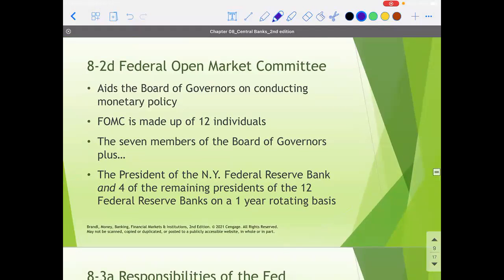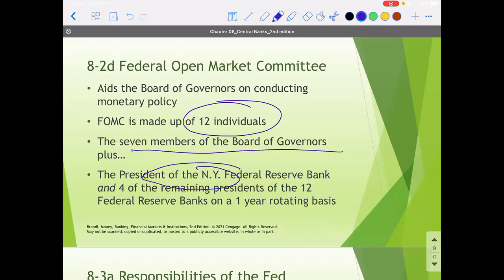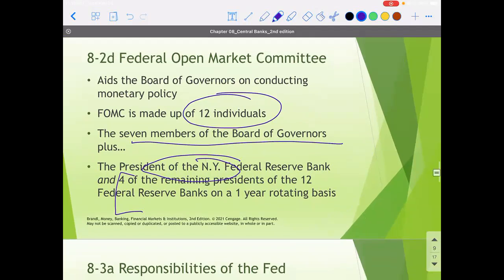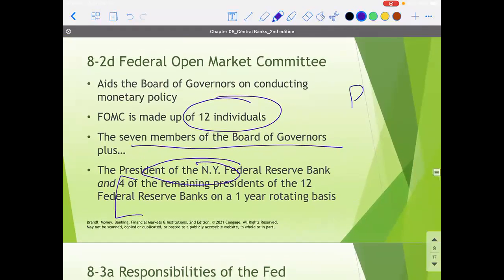Okay, so again, going back to the FOMC and who's on it, again, it's 12 individuals, all 7 members of the Board of Governors, always New York, and then a rotating 4. What they're looking at quite a bit is the Beige Book.